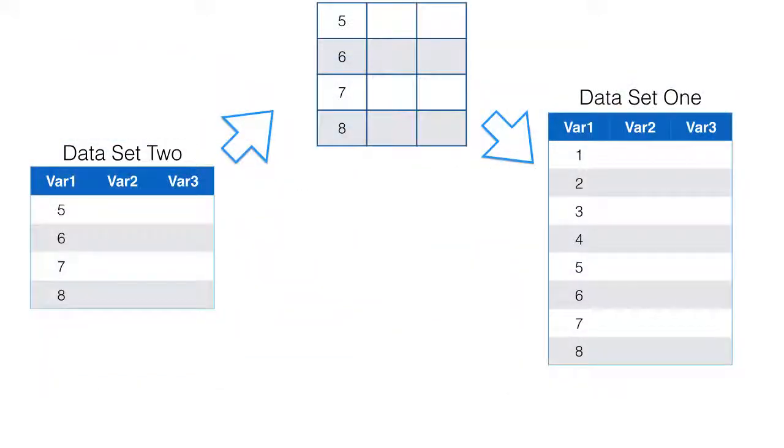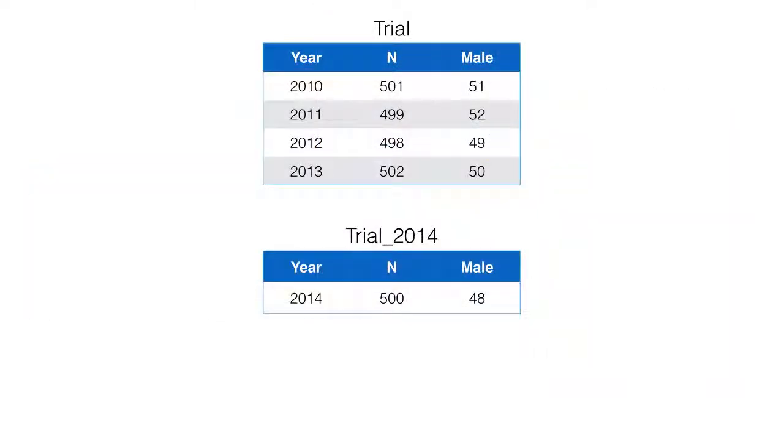Appending adds all the observations in the second dataset directly to the end of the first dataset. When you append, the first dataset gets larger. You do not create a new dataset. Here's a situation in which you would append datasets. Suppose you're working on a multi-site clinical trial recruiting participants from Chicago, San Diego, Denver, and Fort Worth over multiple years.